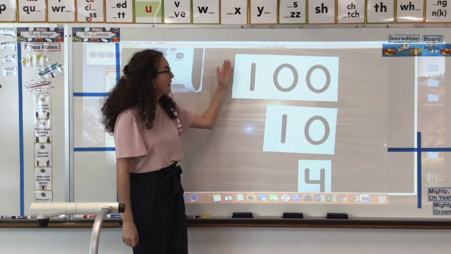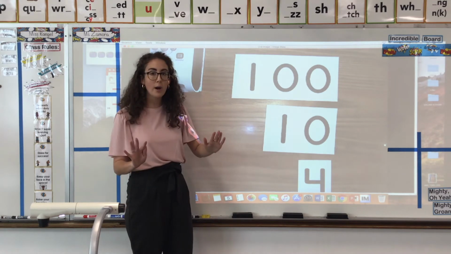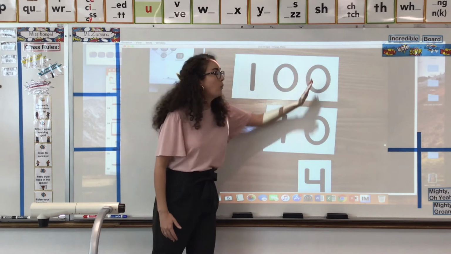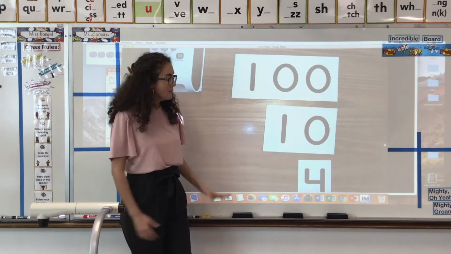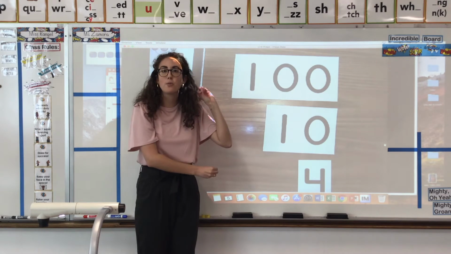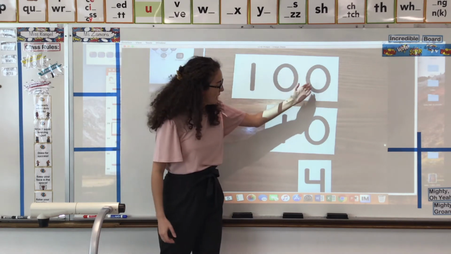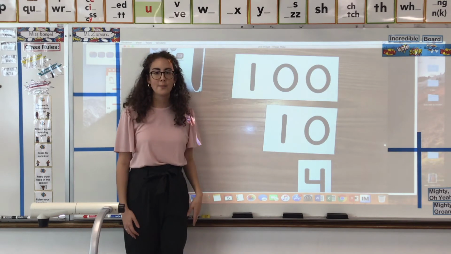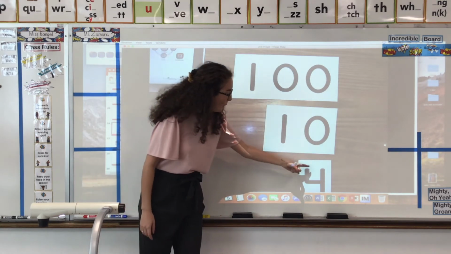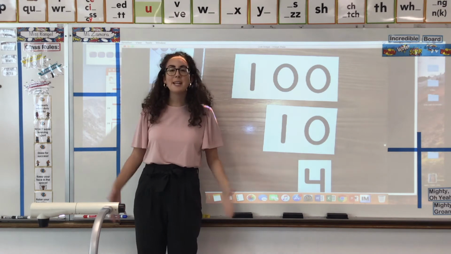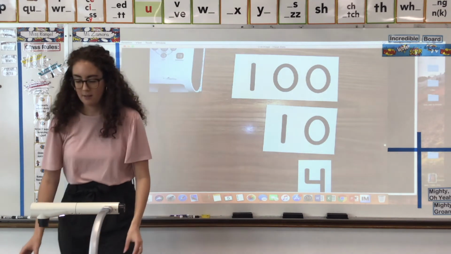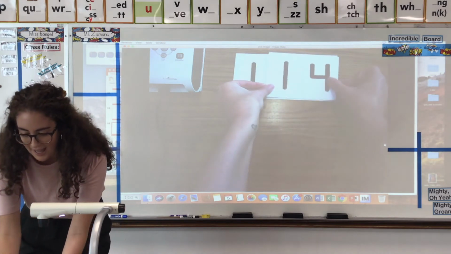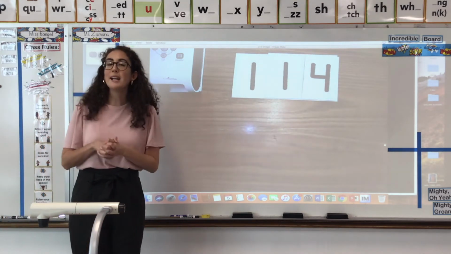We can see that this 1 is not just a 1 on its own. Because it's in the hundreds place, it's worth 100. So we pulled apart this 3-digit number to show within it there's 4, 10, and 100. Each digit represents a different value because of its place. So if we stacked it all back together, we could see that together this number is 114.